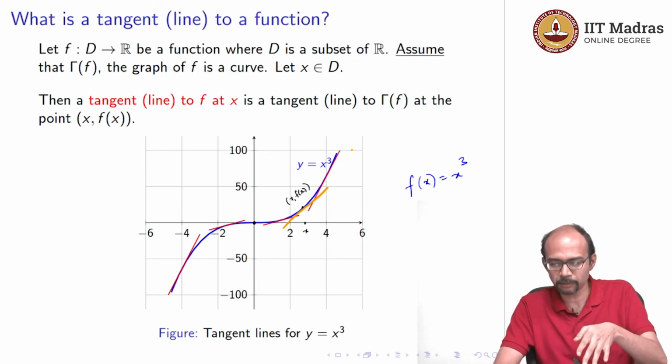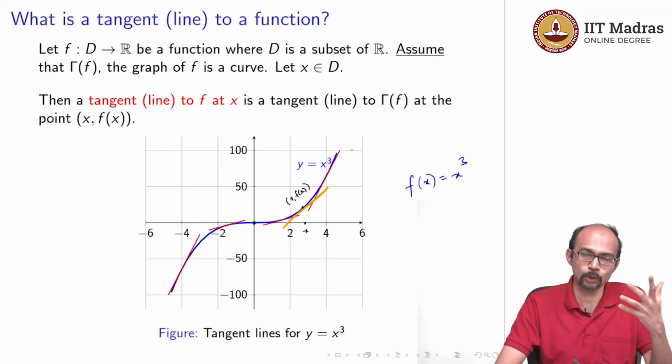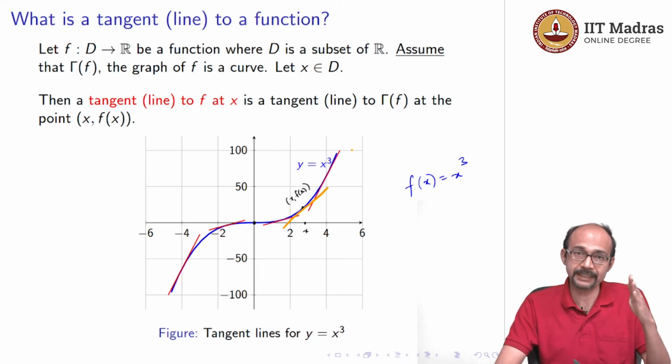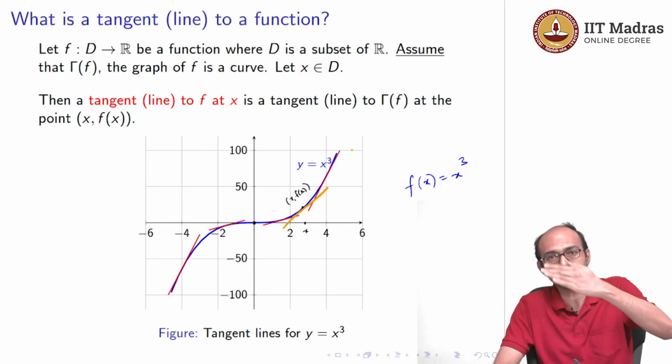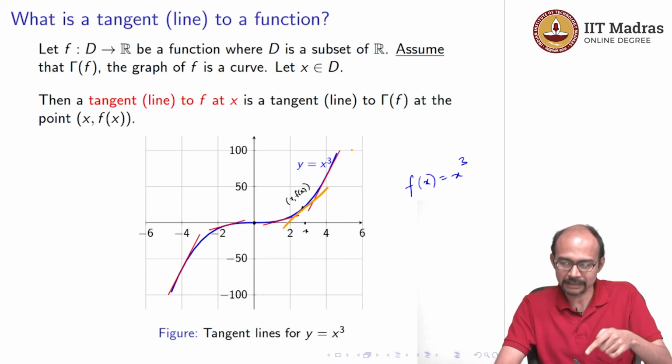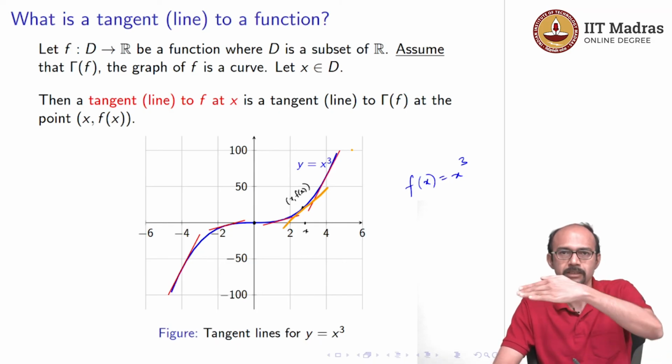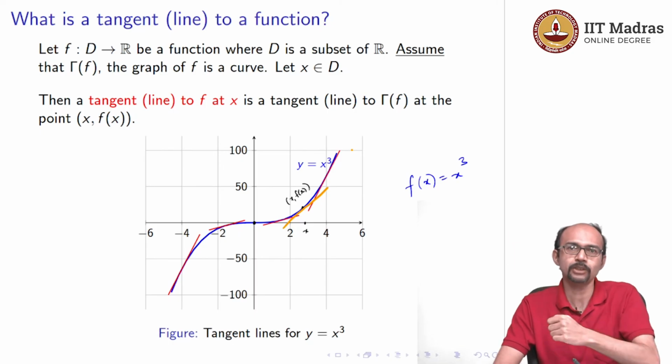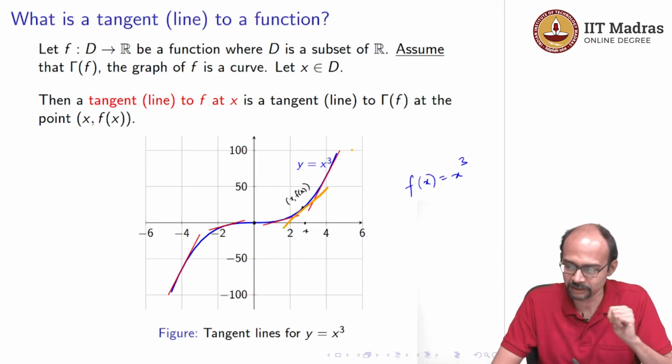You can see this picture is really reflective of the role of the tangent line. As I said, I will repeat what the tangent line was. The tangent line was supposed to tell you the direction in which the curve was moving. So if you put all these tangent lines together, you should be able to describe your curve, and that's exactly what you see. If you draw enough tangent lines, then you can see your curve. That's what you can see in this picture.